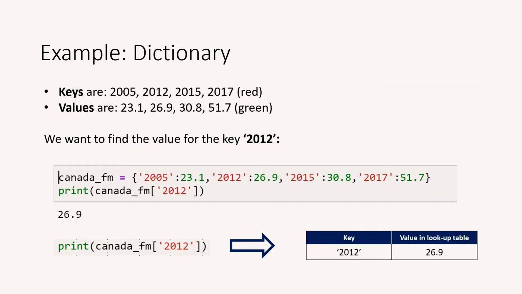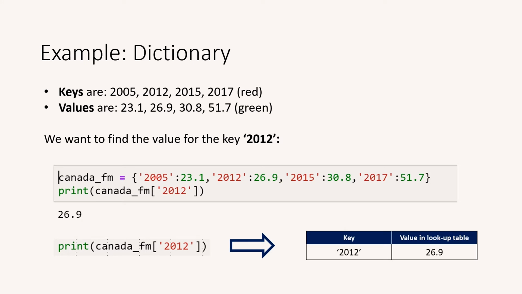So let's have a little example. We still have the data from our last lesson in matplotlib, the percentage of female ministers in Canada. You can remember that we had the data points from 2005, 2012, 2015, and 2017. In that case, it is quite logical to set the key to the year, and the value, the percentage of female ministers, we set as our lookup value.